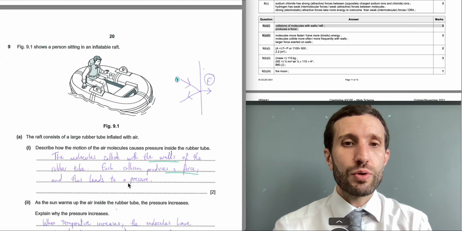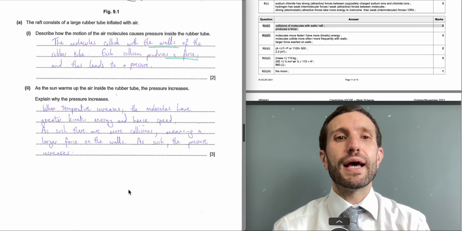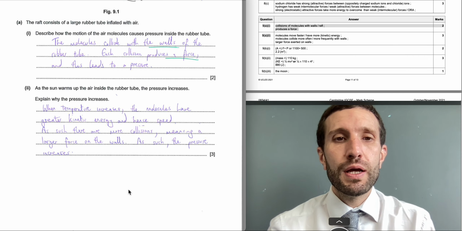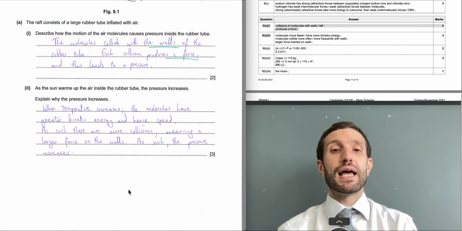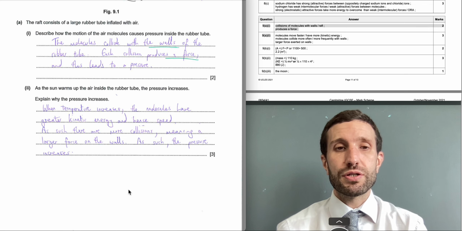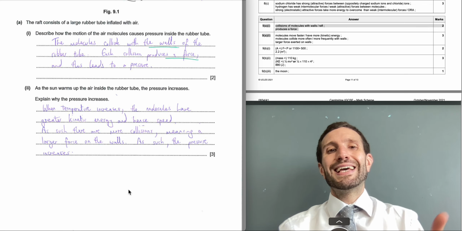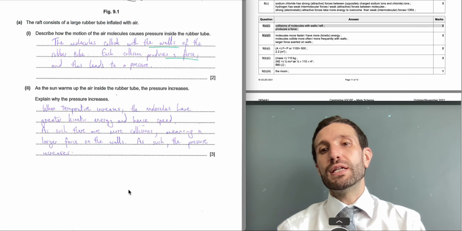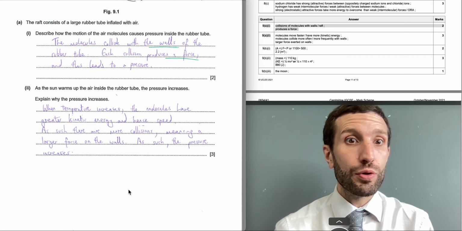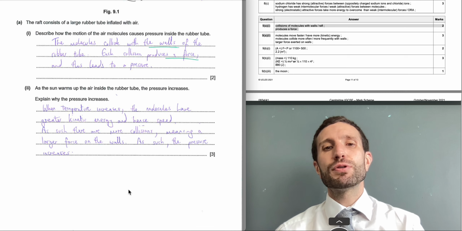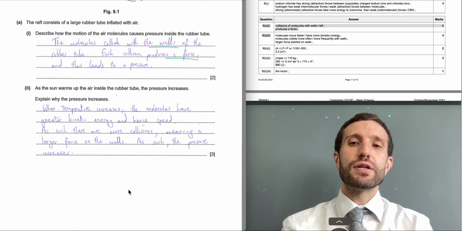Okay, next question. We're told that as the sun warms the air up, the pressure increases, and explain why. Nice and hopefully straightforward answer here. As soon as we see the sun warming things up, we need to think about temperature going up. Now, as I hope you remember from your lessons, when the temperature increases, the molecules have a greater kinetic energy.